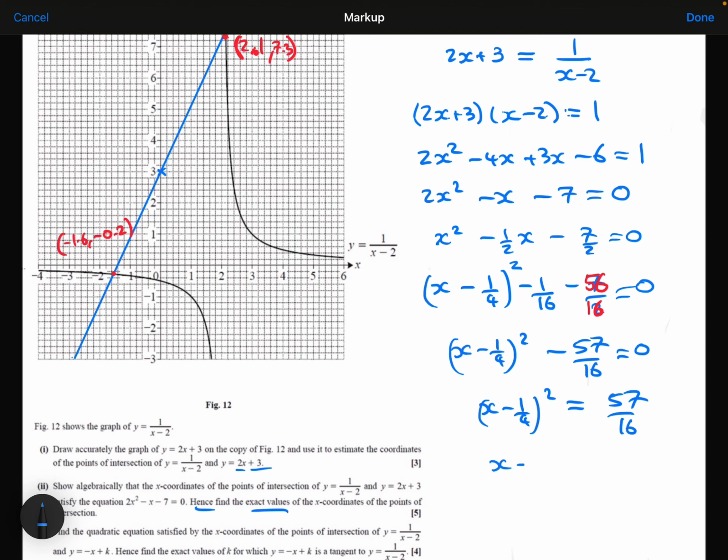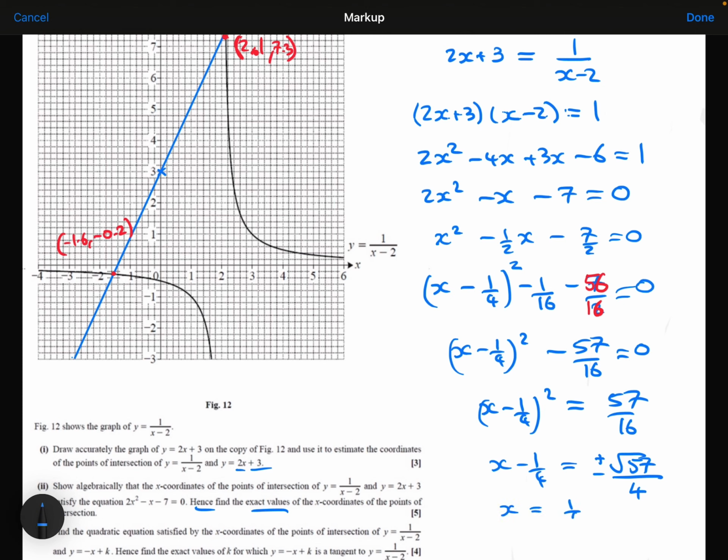Square root both sides. The square root of 57 is root 57. The square root of 16 is 4. And when I do that, I'll get a positive answer or a negative answer.